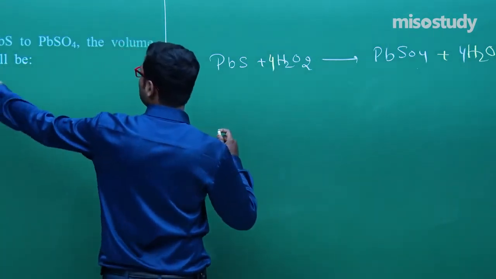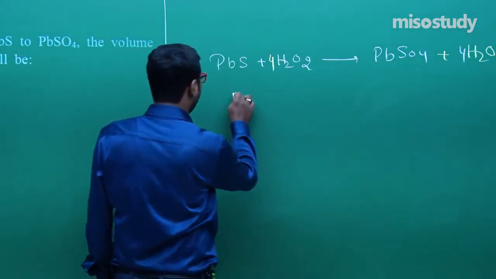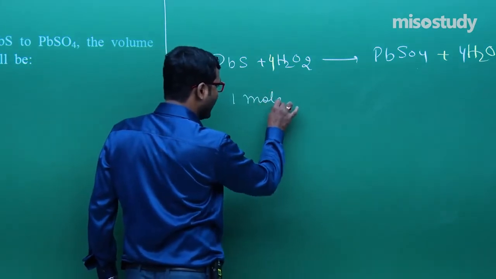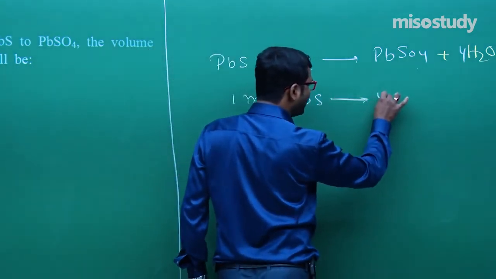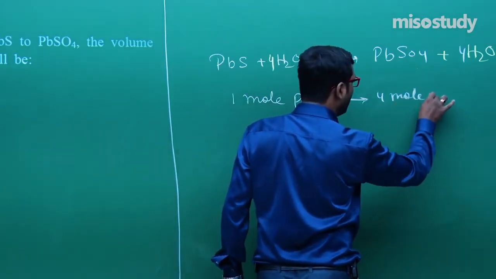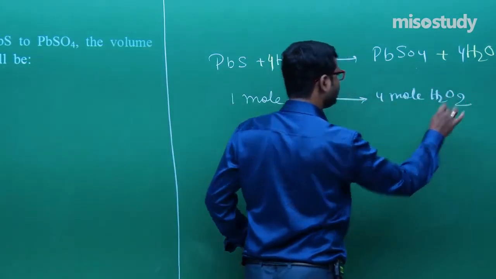Now here is given 0.01 mole. Look at PbS, 1 mole PbS requires 4 mole of H2O2.